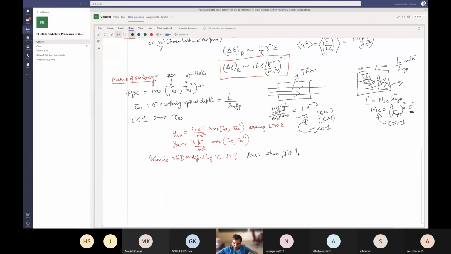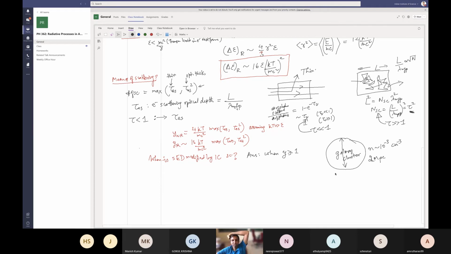Okay, so again, galaxy clusters are the prime example for inverse Compton scattering. So you have a galaxy cluster. Average density you can take like 10 to the minus 3 particles per centimeter cubed. You can take the system size to be 1 megaparsec or 2 megaparsec.